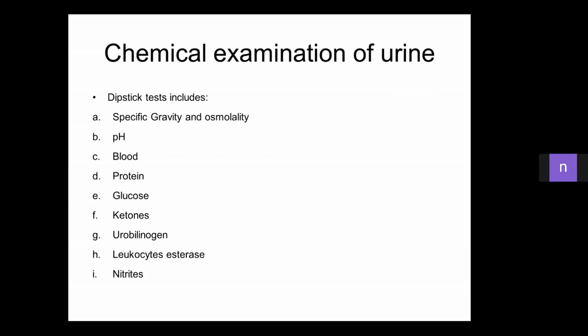So this dipstick test includes specific gravity, pH, blood, protein, glucose, ketones, urobilinogen, leukocyte esterase, and nitrates, and we will discuss it individually.